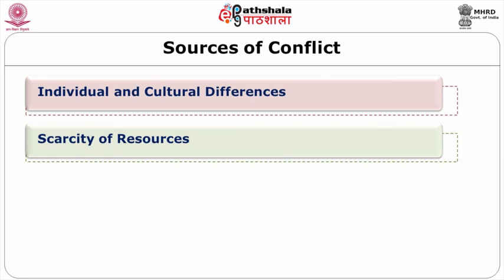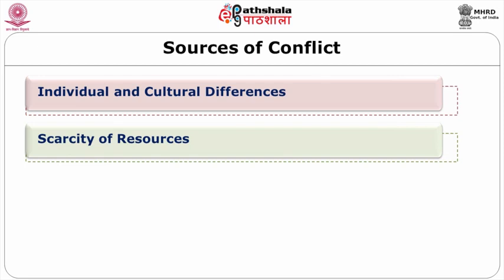Say for example, in a school where there is availability of only one LCD projector, it may happen that two teachers might be requiring that LCD projector at a time. That situation itself may give rise to a conflict. Both of the teachers may start disputing who will take it first or who requires it most.